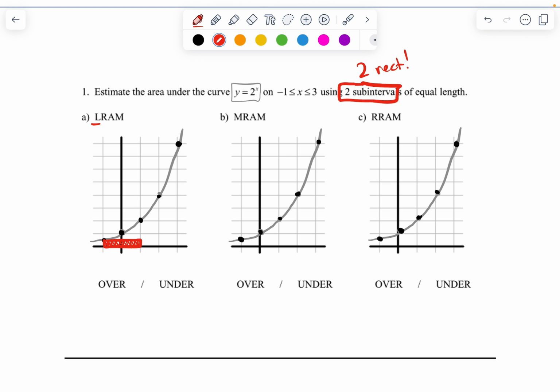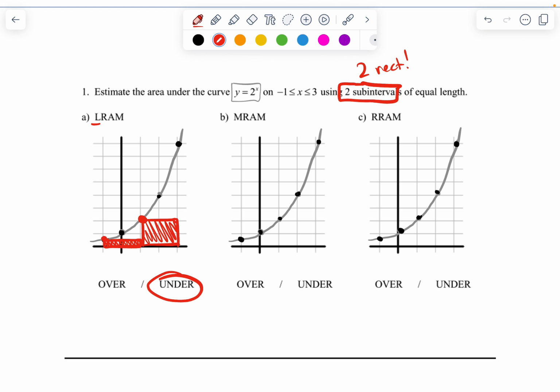And then it has to split into another rectangle that touches on the left from here to here. So it's 2 rectangles only, not 3 like we were doing earlier. And they're 2 wide because this is just 4 wide, so each one should be 2 and 2. Okay, awesome. Clearly, LRAM is an under for the situation.